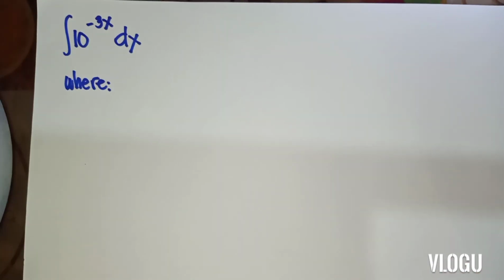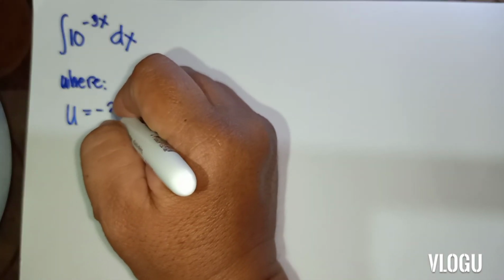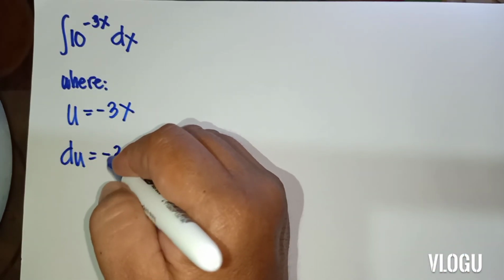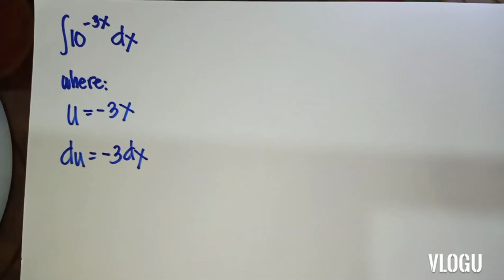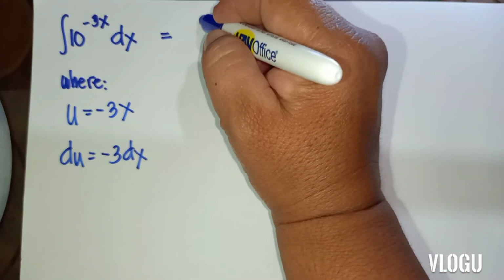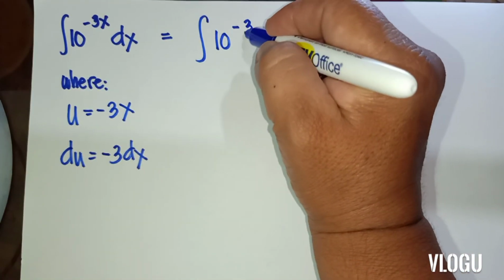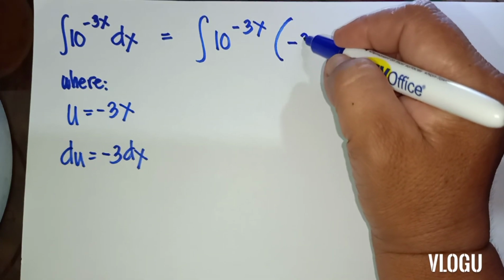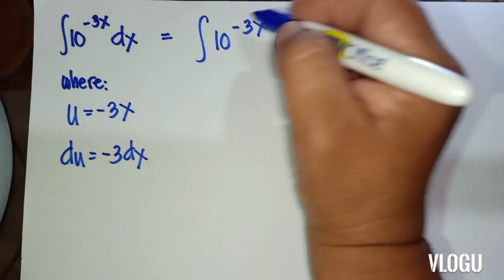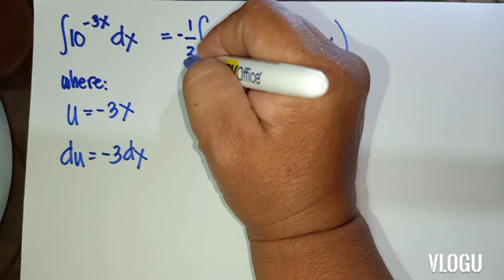Our next example is the integral of 10 to the negative 3x. That is a number raised to a variable. u is equal to negative 3x, du is equal to negative 3 dx. So therefore, that is equal to 10 to the negative 3x, du is negative 3 dx. Multiply by negative 3, so multiply by negative 1/3.